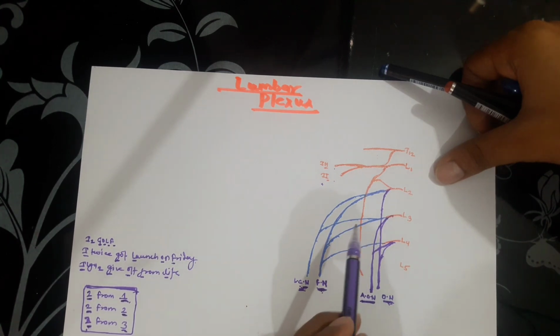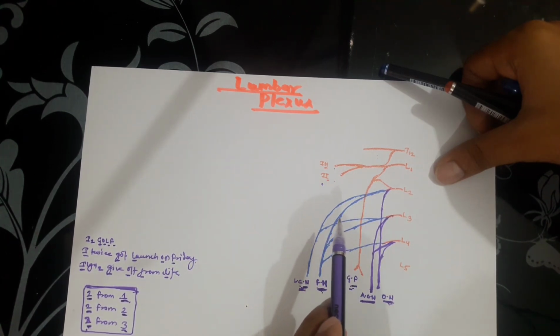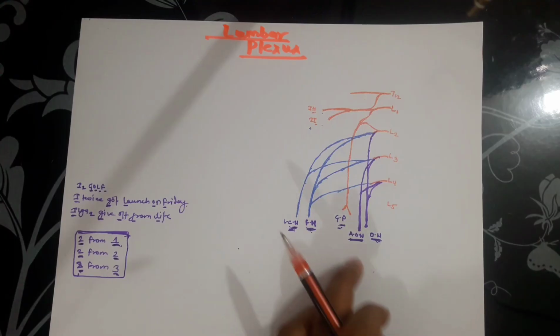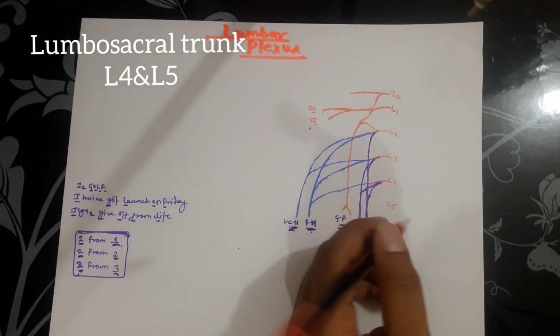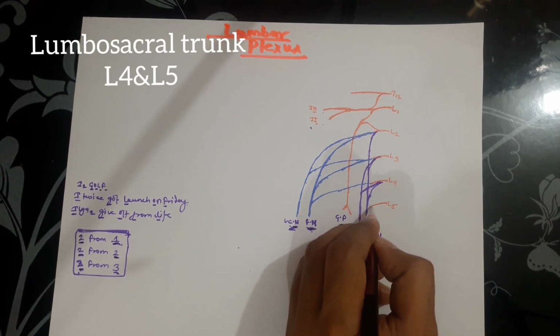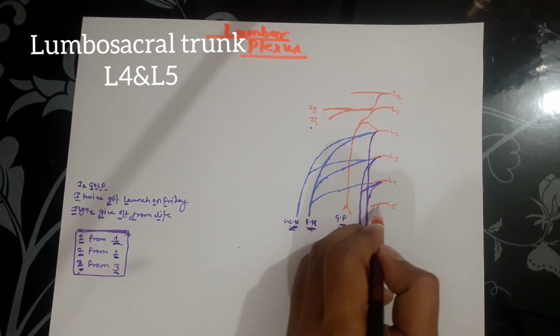So we already discussed the major branches of the lumbar plexus and their course of distribution, and shortly we also discussed the innervation. So at last, I am going to draw the lumbosacral trunk, which originates from L5.